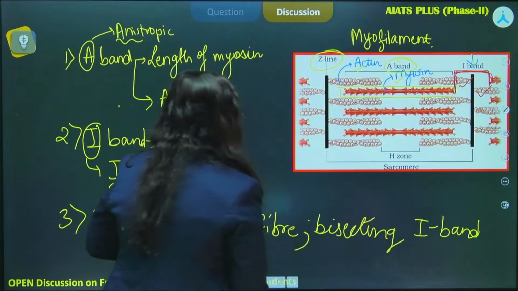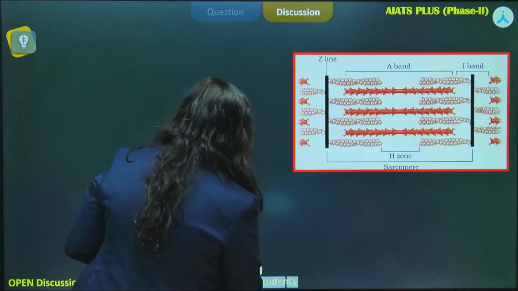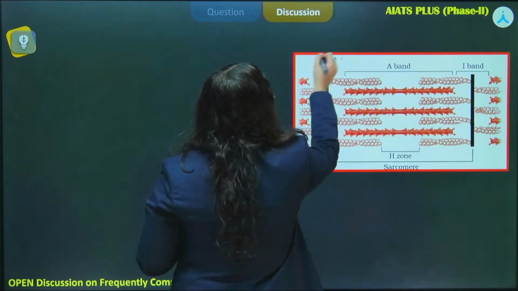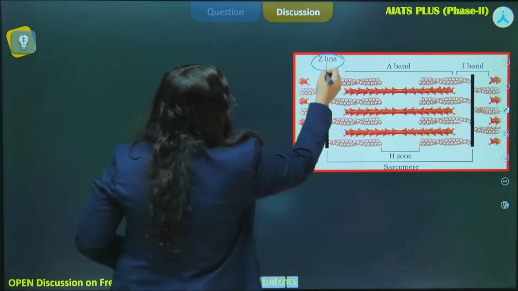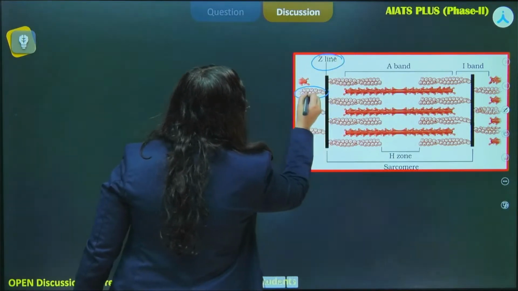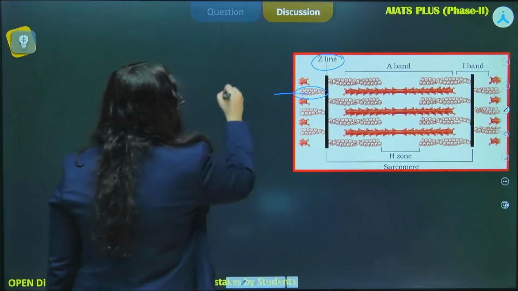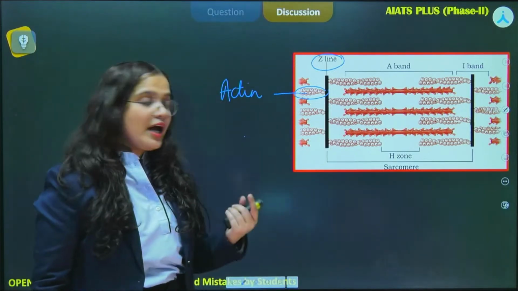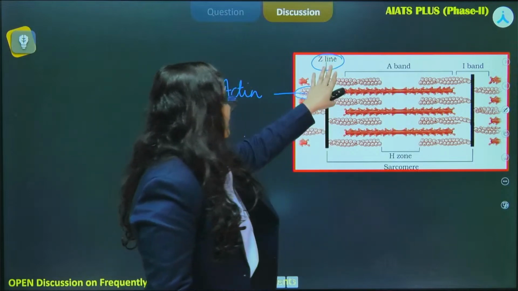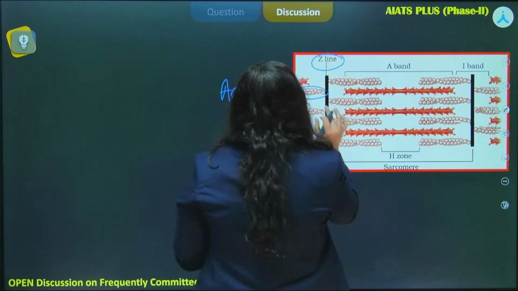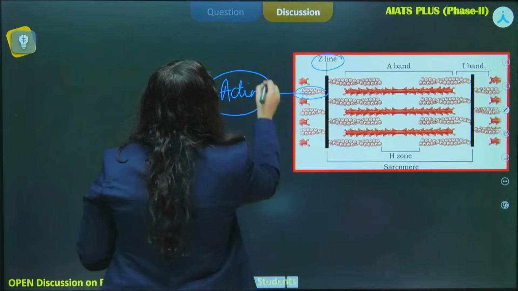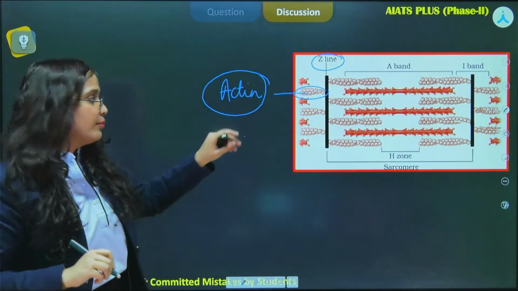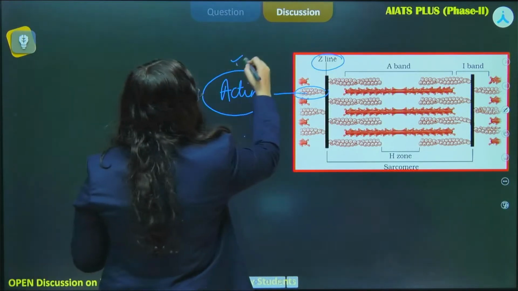Now further, if we analyze the diagram, we can see that these Z lines are being held in place with the help of the actin filament. This is again a point where question is being asked, that Z line is held in position with the help of actin or myosin. So our answer will be actin.